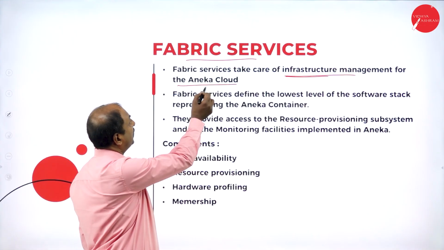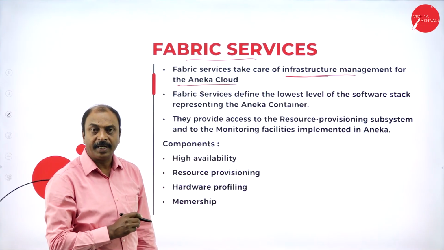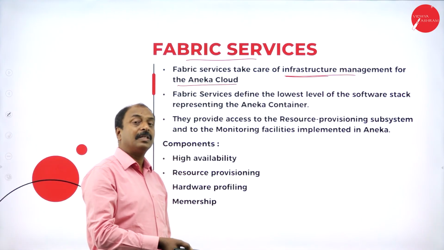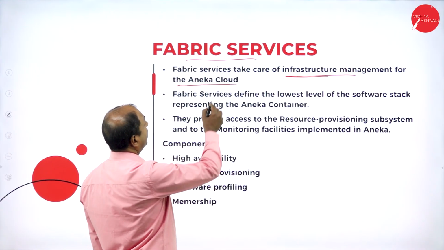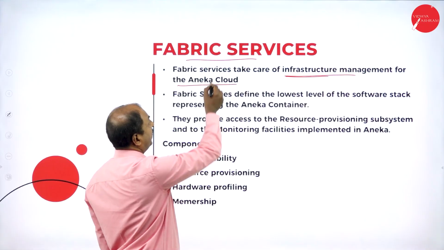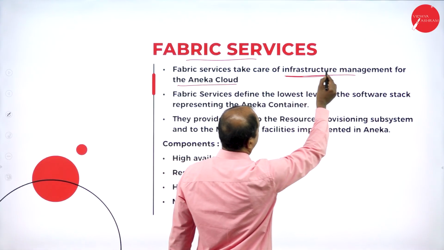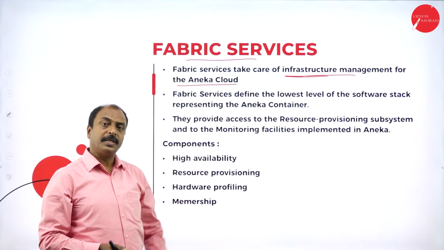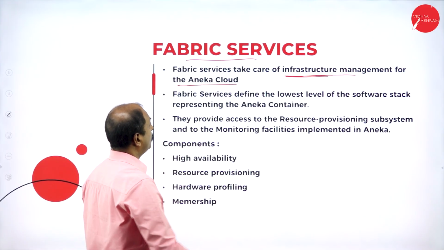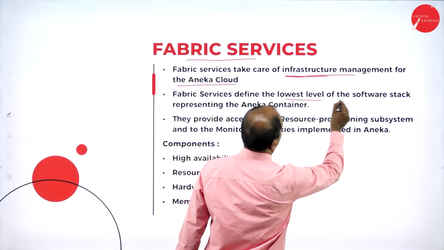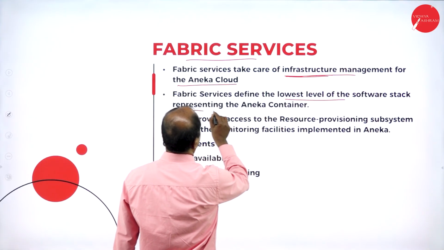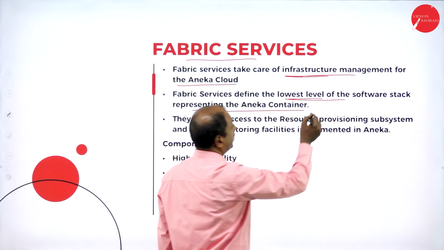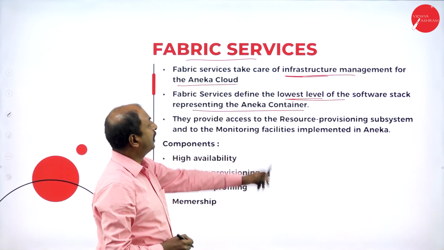So fabric services is the component which is at the bottom of the Aneka container or the middleware. It interacts directly with the infrastructure, because over the infrastructure these containers are deployed or implemented. So it defines the lowest level of the software stack representing the Aneka container.